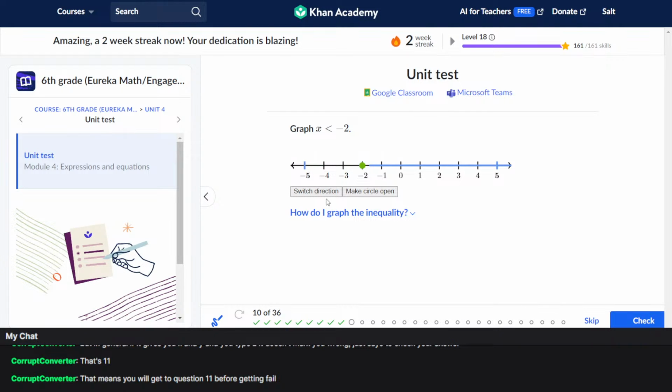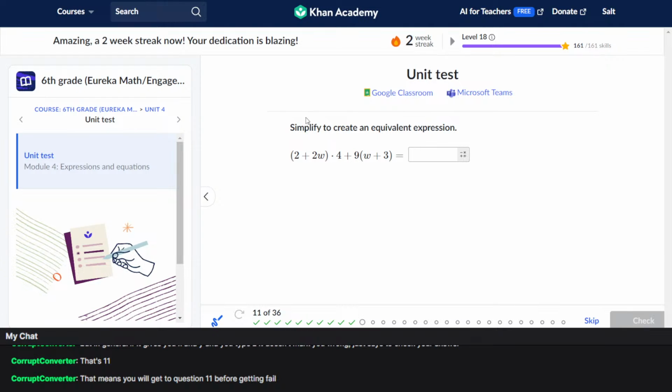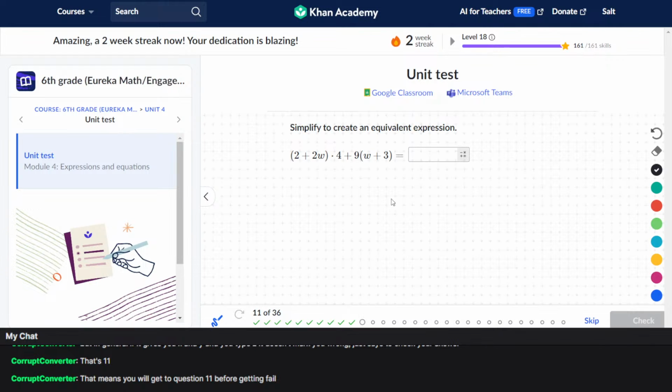Minus 2. Subtraction. Simplify. Okay. Well, this is 9W plus 27.